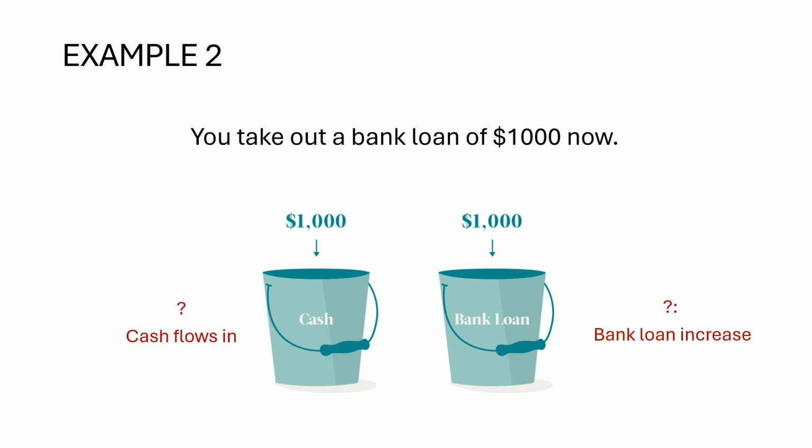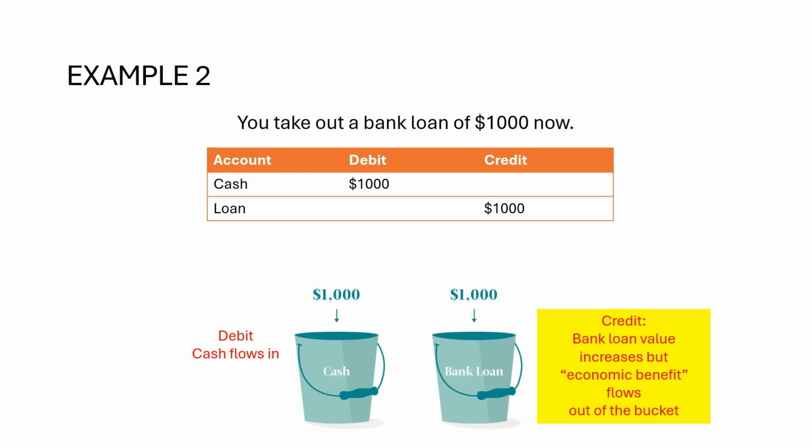And then the other one is liability increase. Remember, we have the rule: when liability increases, it should be on the credit side. So here is how you record it. Cash is on the debit side, and loan or liability is on the credit side. And the buckets at the bottom show how this is visualized.